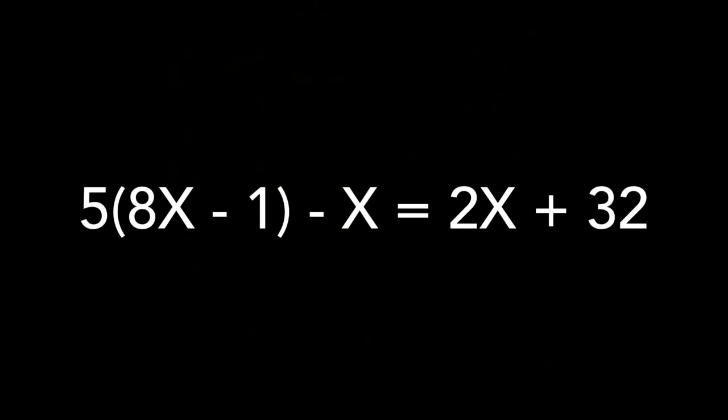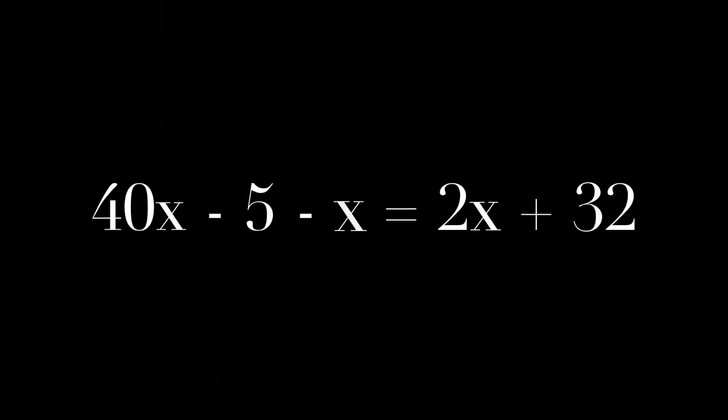Equation 9, 5 times parentheses 8x minus 1 parentheses minus x is equal to 2x plus 32. Multiply the parentheses. 5 times 8x is equal to 40x, and 5 times negative 1 is negative 5.